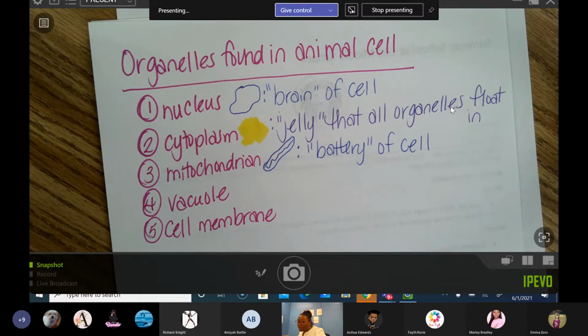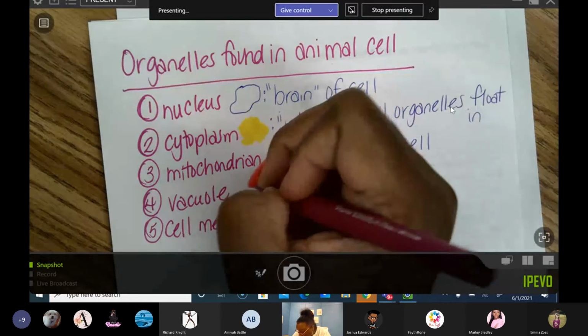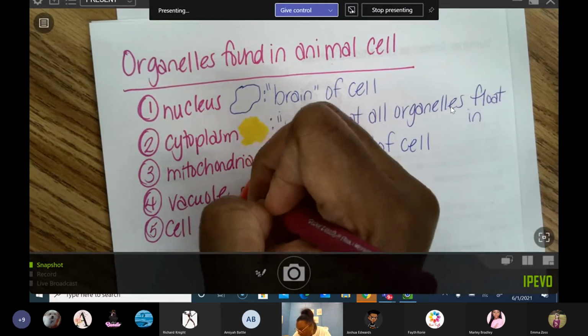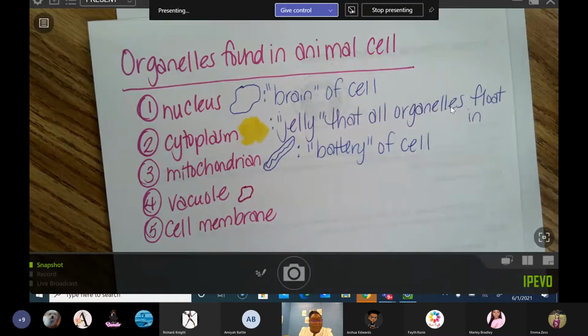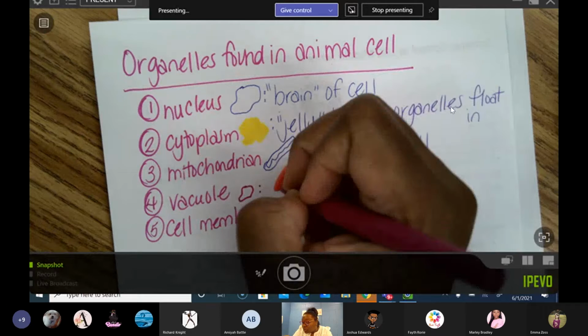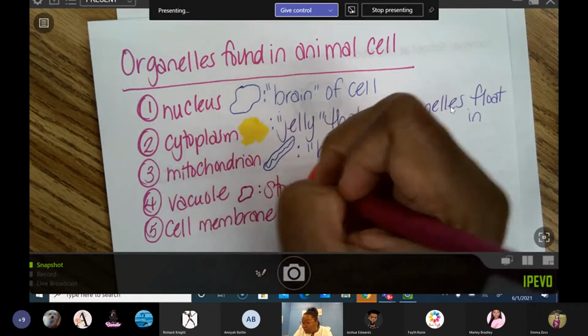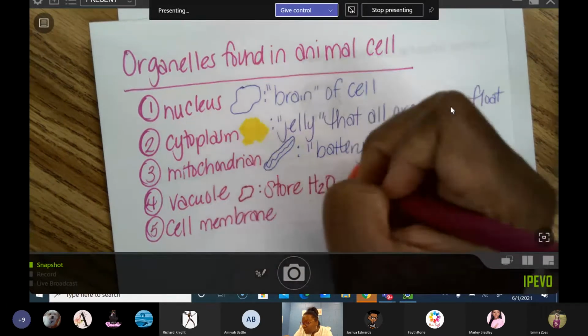We want to remember that our vacuole, it's very small in the animal cell because the animal cell doesn't need to store food because it's always taking in food. The plant cell's vacuole, remember from your picture, it's much larger. And the reason why is because the job of that vacuole is to store food and water.